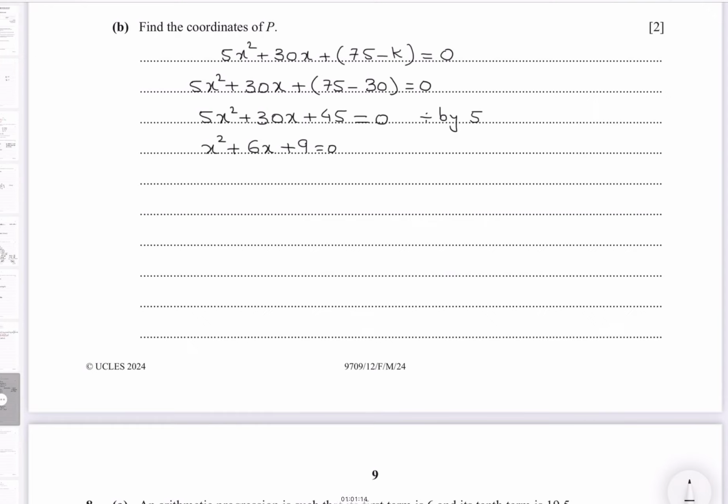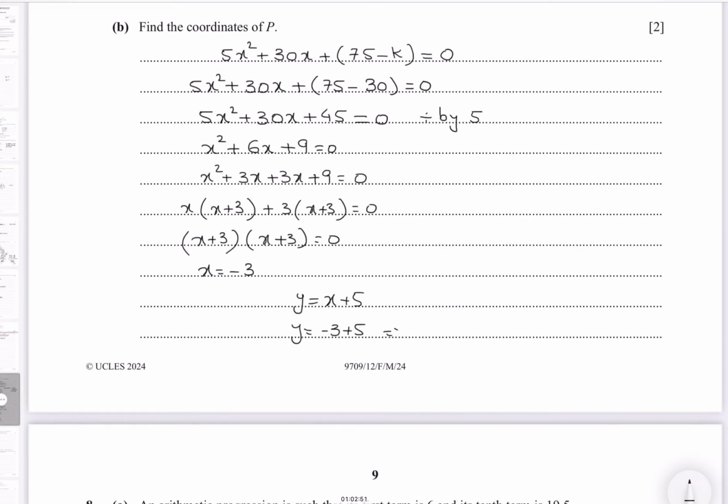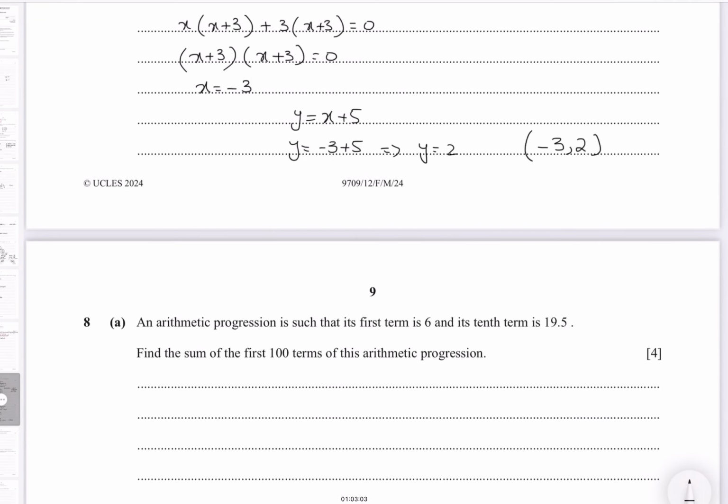And now factorize it. So factors are 3 into 3. So x equals minus 3. So put it in the straight line equation to find the value of y. So your coordinates are minus 3 comma 2.